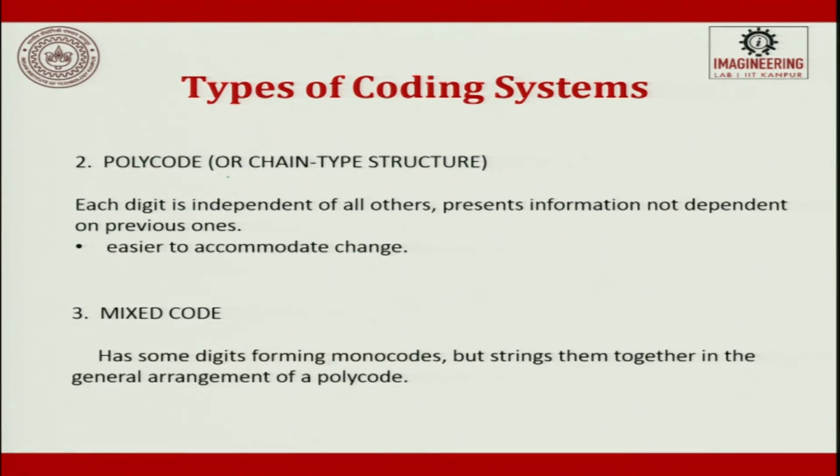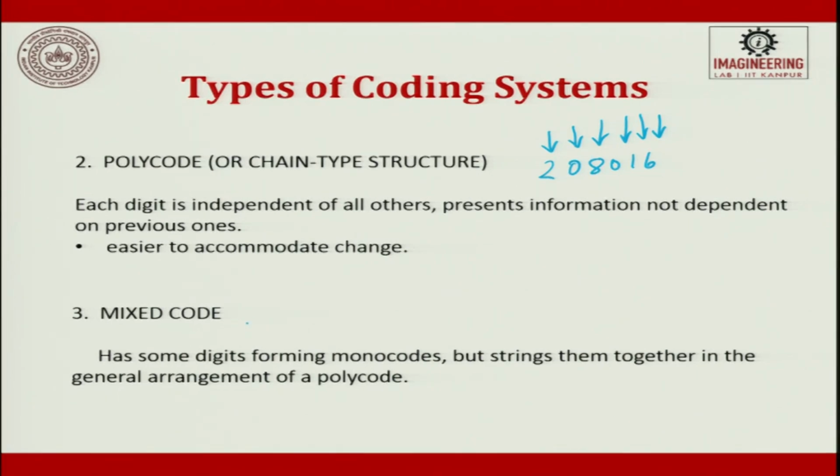When we talk about polycode, or a chain type structure, each digit is independent of all others and presents information not dependent on the previous. For example, in the same PIN code 208016, individual digits have information which has no relevance to the previous digit, but in monocode each digit gets information from the previous digit, or amplification of information is done from the previous digit for the current digit.